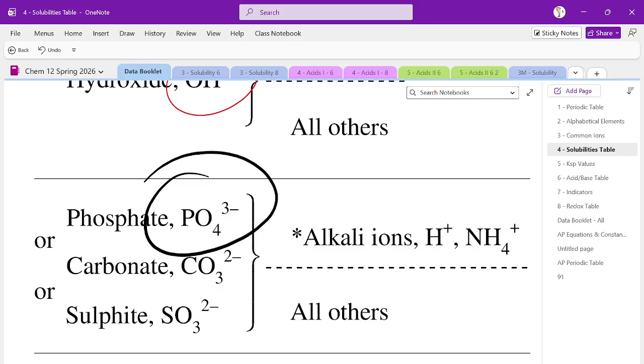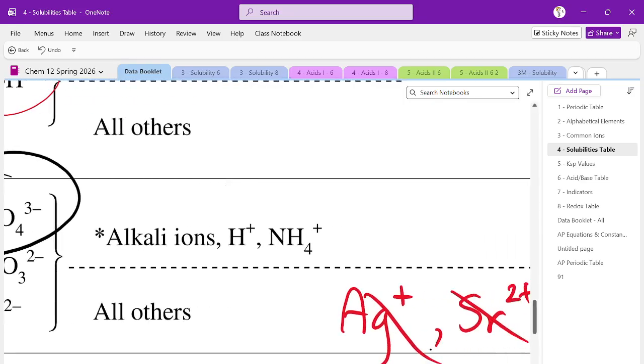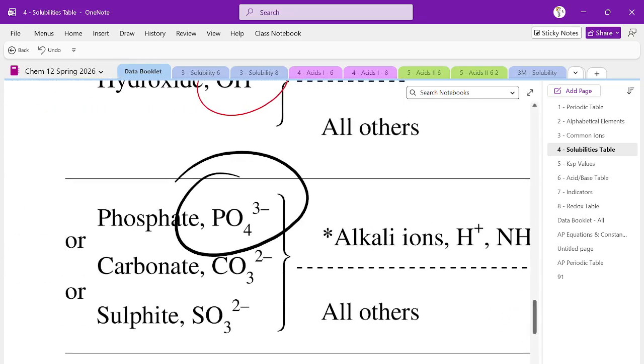Yes, it is soluble, but it's soluble in its molecular form, like together. So just ignore H on this chart. I don't even know why it's on here. Okay? So it's soluble with alkali, H, NH4. Everything else, it's low solubility. So copper phosphate would be a solid.